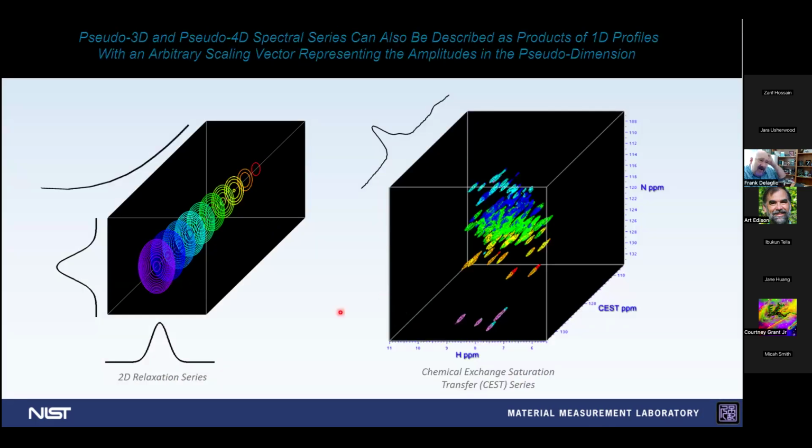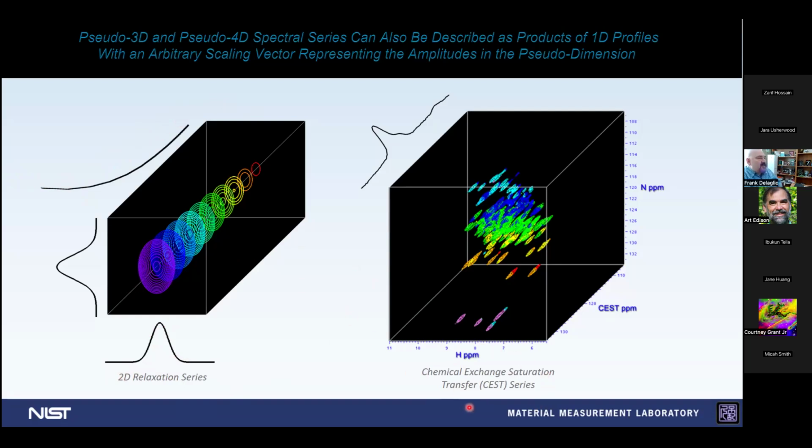And NMR has other kinds of measurements that are independent collections of 2D measurements where the peaks stay in the same place, but the peaks evolve in some way. For example, in a 2D relaxation series, we measure a set of 2D spectra where the intensities of the peaks are expected to decay exponentially according to dynamical properties of the molecule.